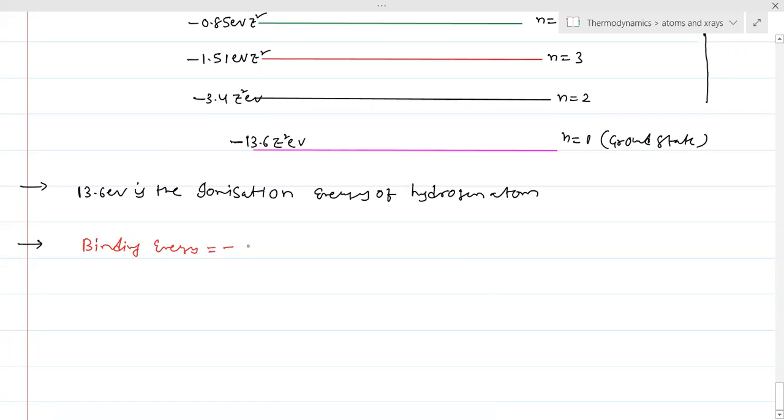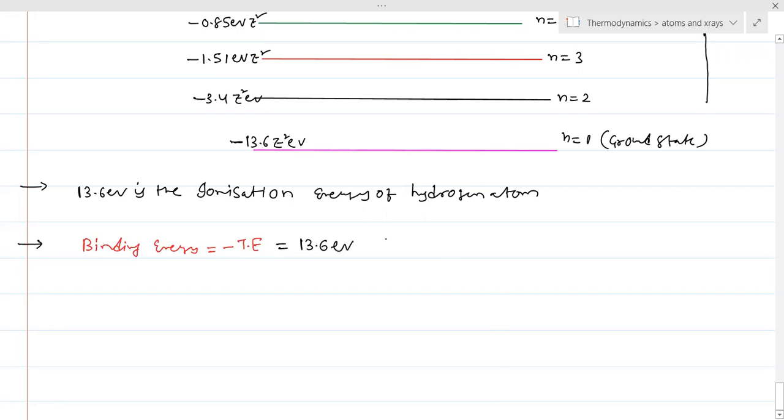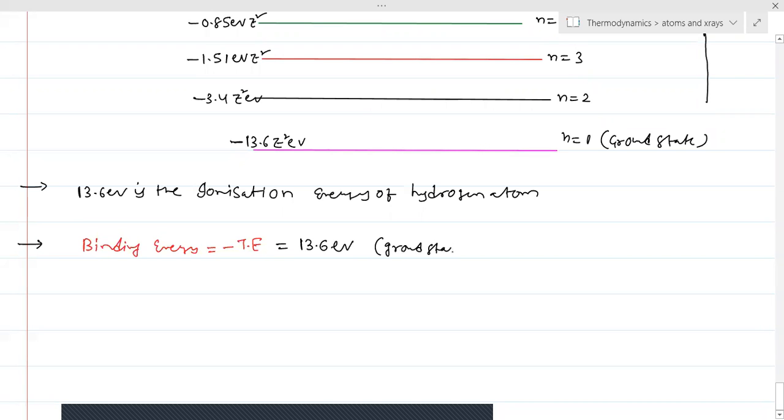Binding energy is equivalent to minus total energy, which means we will simply write 13.6 electron volts for the ground state.